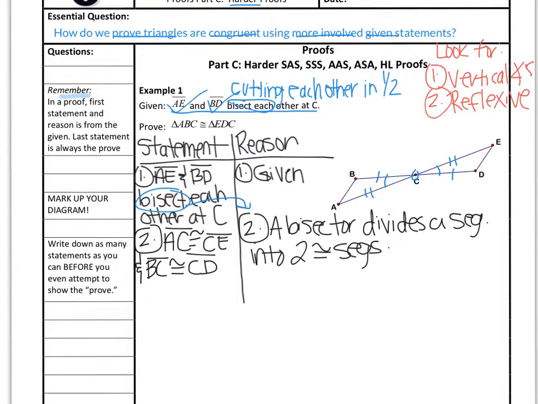So I'm going to come up with my third statement. If I name that angle on the left side, the left triangle, BCA, I can start with that.